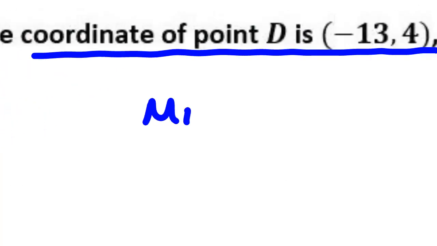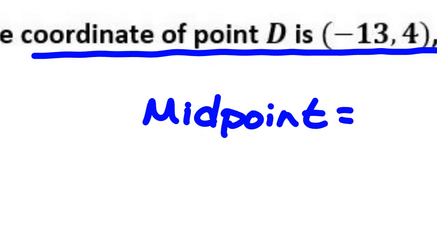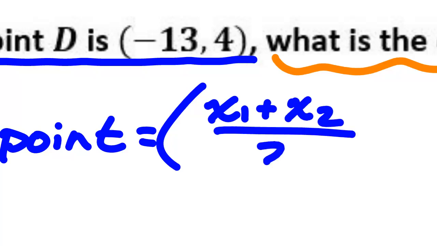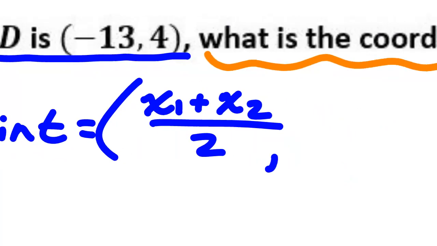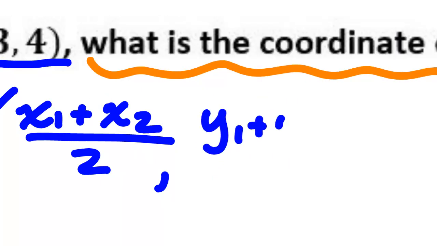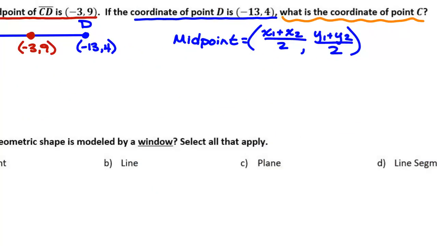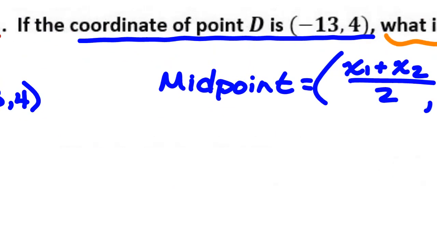So to do that, I need my midpoint formula so that I can set everything up. Midpoint is equal to x1 plus x2 over 2, y1 plus y2 over 2. My midpoint goes in the place of where it says midpoint.